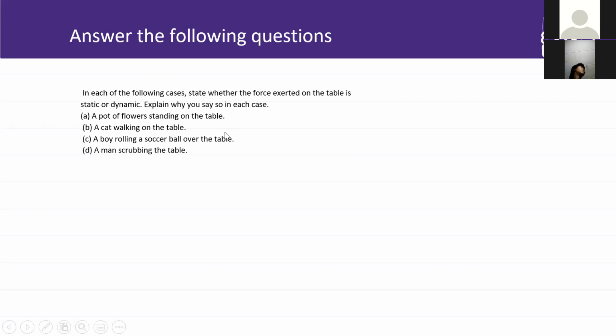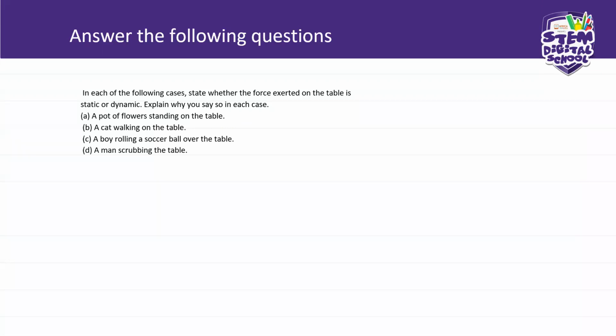Okay, the surface is the table. Now, A, a pot of flowers standing on the table. Is that static or dynamic force? Tando, you're correct. It is static force because the pot of flowers is standing still.